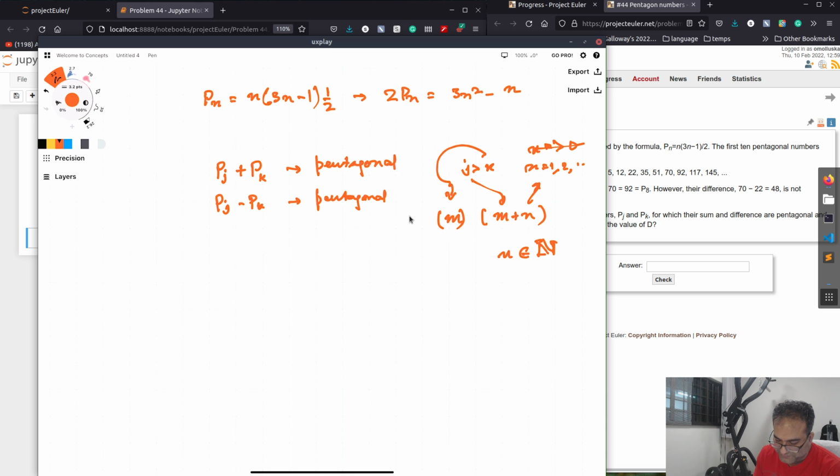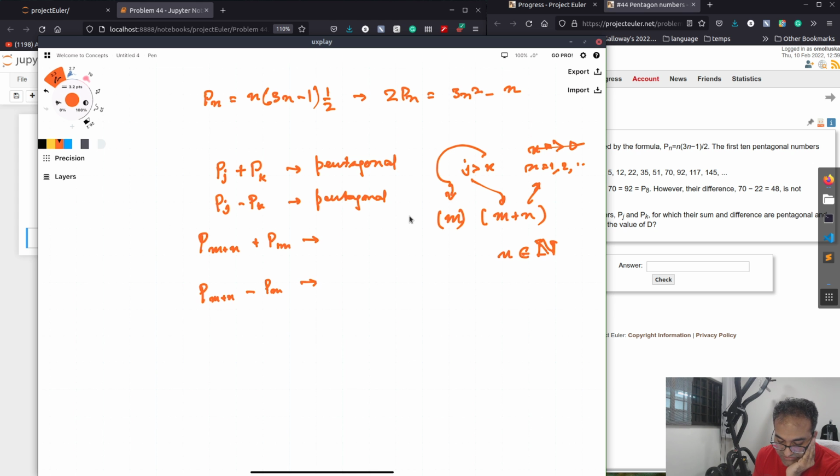So now if we can do that, then we can find this. The problem transforms into P(m plus n) plus Pm being a pentagonal number, and P(m plus n) minus Pm also being a pentagonal number.